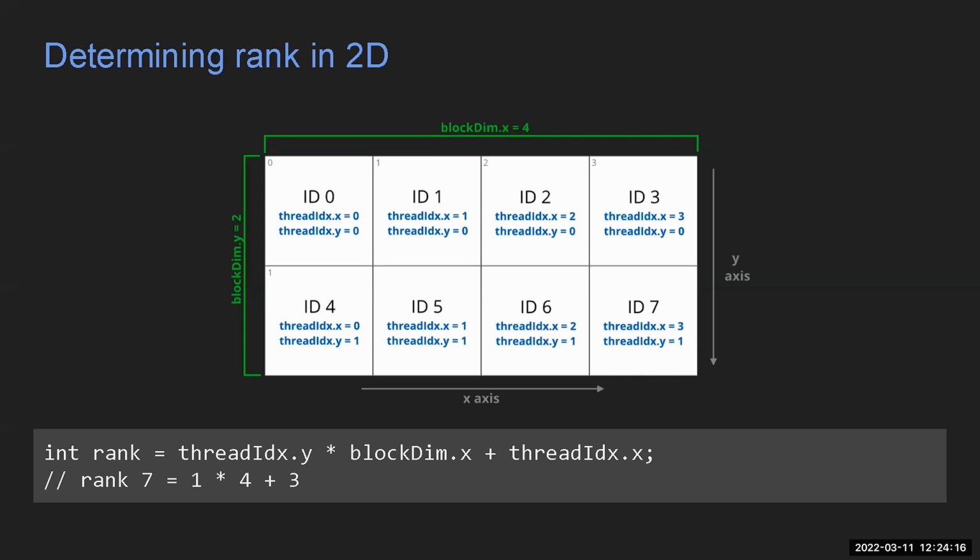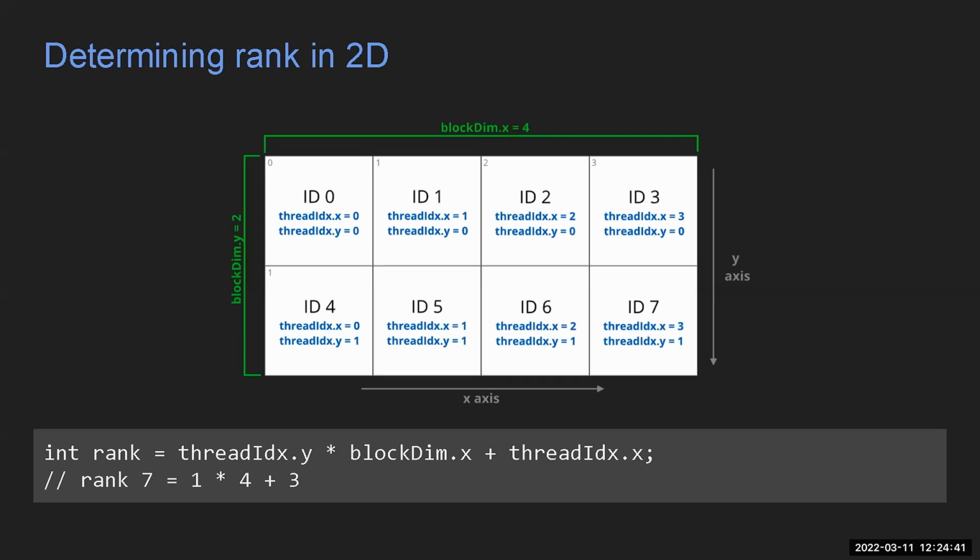Okay, so how big is an entire row? Well, that's what block dim.x is. That's what the first 2 parts of our little equation down here at the bottom are. We had 1 row above us, and it has 4 threads in it. Then the last part is just the offset within the row, just like before.